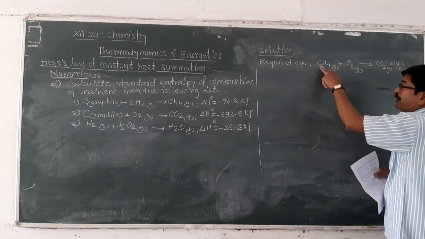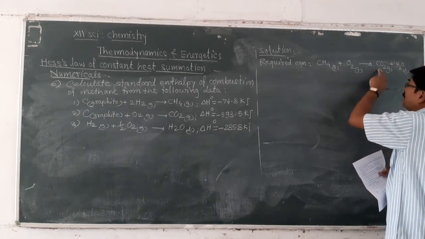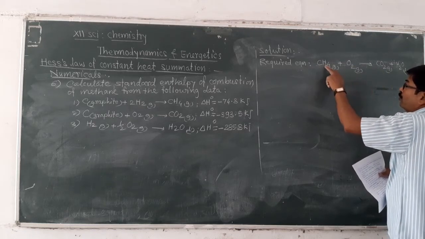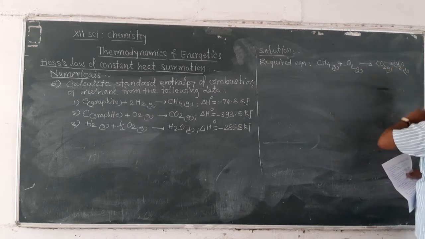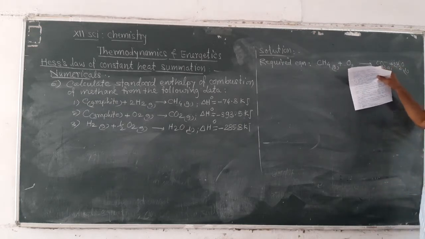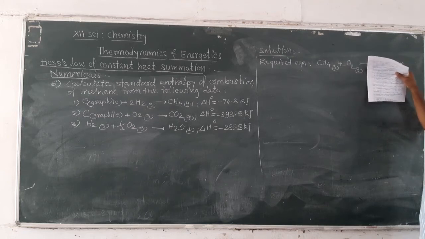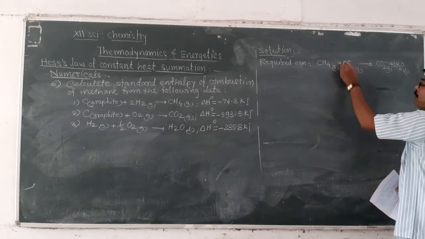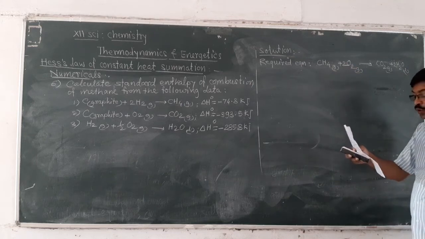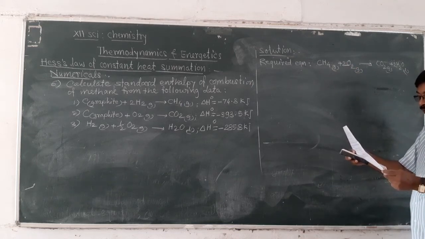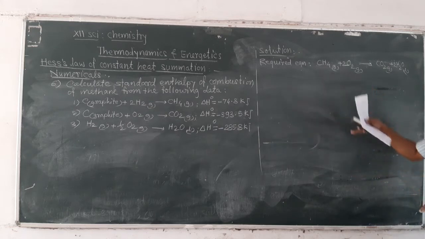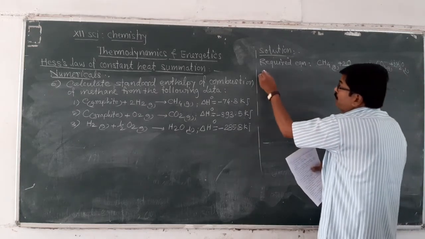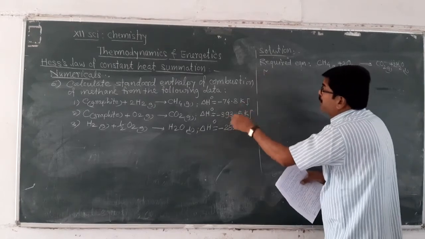Now in the methane molecule there is 1 carbon, therefore we get 1 CO2 molecule. 4 hydrogen atoms give 2 H2O molecules. Products are balanced. Now oxygen is to be balanced from product to reactant side. O2 plus O2, 4 oxygen atoms, that means you can write 2 O2. This is the simple combustion equation of methane, and the same equation is to be obtained by modifying these equations.